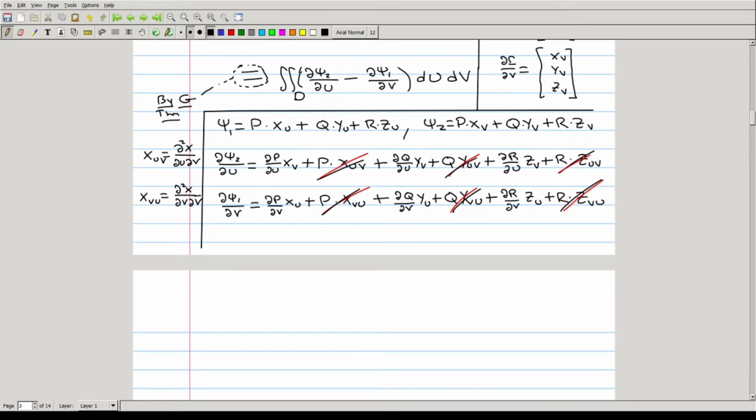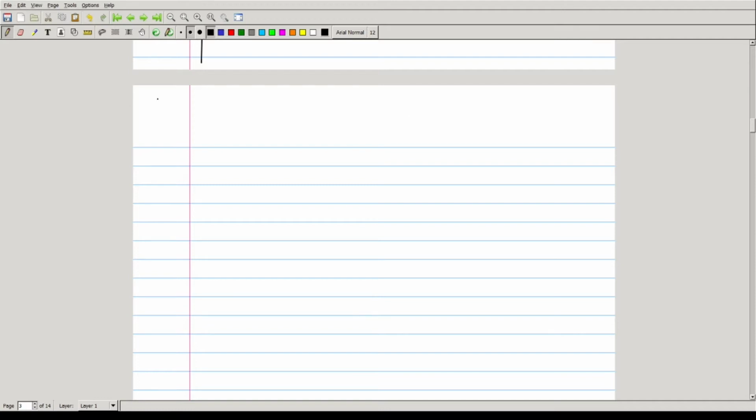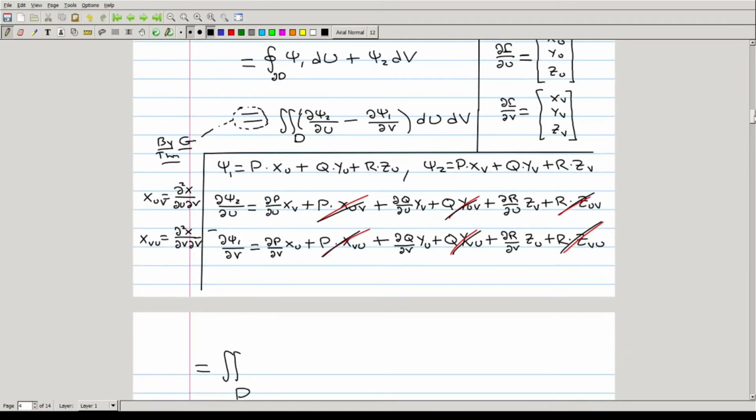When I subtract these two equations from one another, what that leaves me is the following. It's still a relatively long integrand. But when we go through and evaluate this, and I actually plug into this integrand, I take this right here, subtract all of this out, and plug it in to this integration.